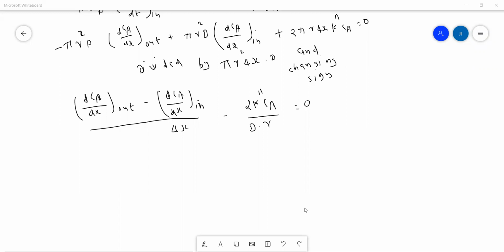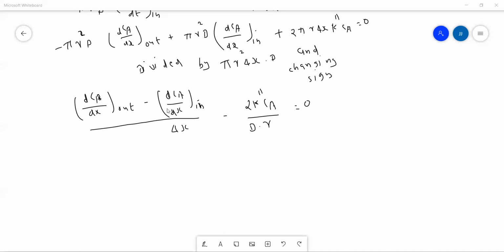We already wrote the equations for the different terms in the mole balance, like what is out, what is generation, what is accumulation, and we reached this equation.